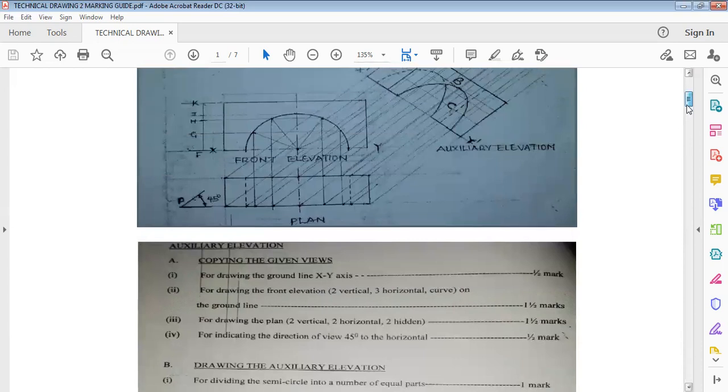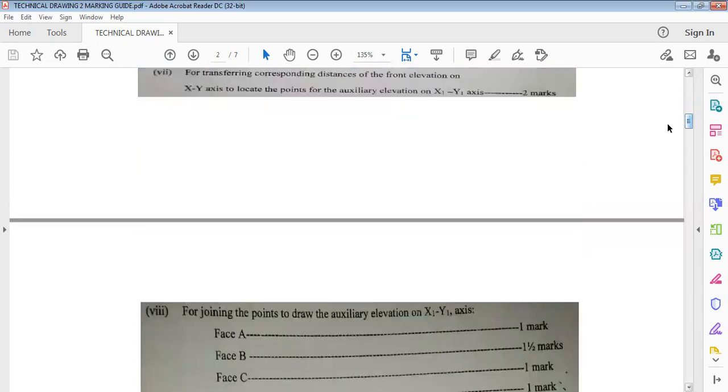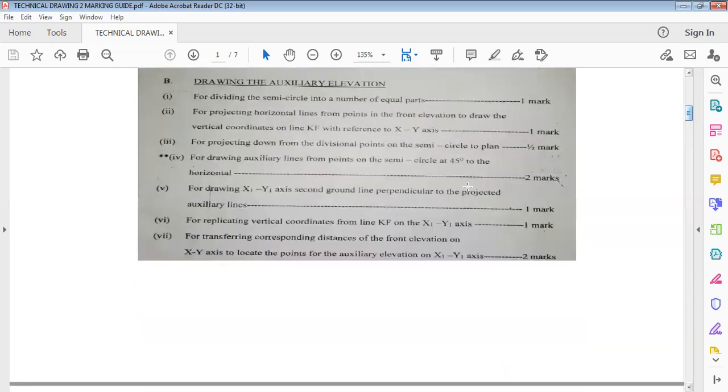We have to look at the diagrams. These lines that we have here are the lines they are talking about, drawn from the points on the semicircle. For drawing these lines at an angle of 45 degrees, you'll be given the marks awarded to it. We have 2 marks for doing that.